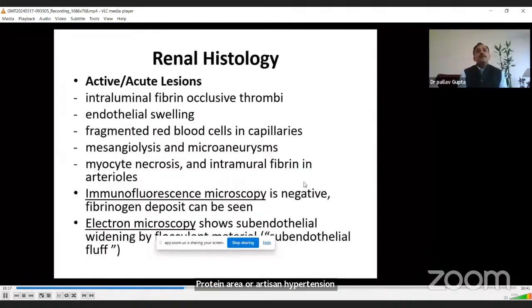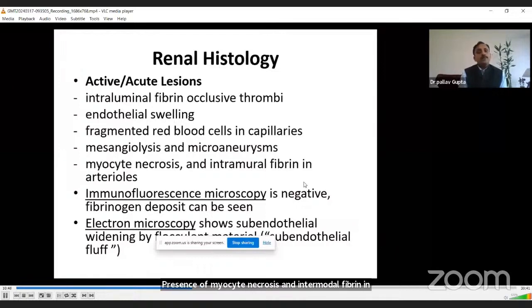Now, coming on to the renal histomorphological changes which we see in patients with TMA. In the acute or active form of the disease, there will be intraluminal fibrin occlusive thrombi within the glomerular capillary loops, accompanied by endothelial cell swelling. We can see fragmented red blood cells in the capillaries, mesangiolysis and microaneurysms, myocyte necrosis and intramural fibrin in the arterioles.